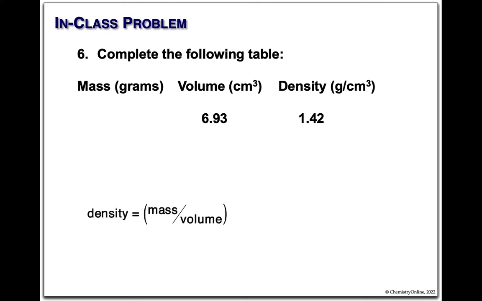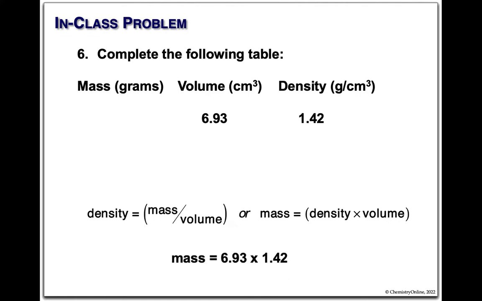Density is mass divided by volume. Now here we are trying to figure out what mass is. So mass is going to be density multiplied by volume. Here is our density, here is our volume.